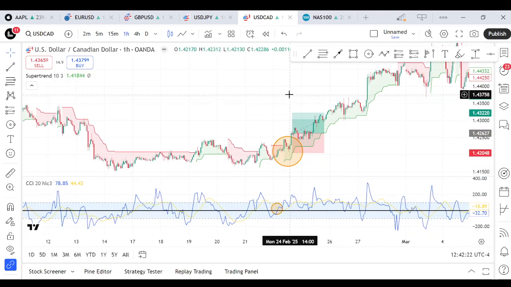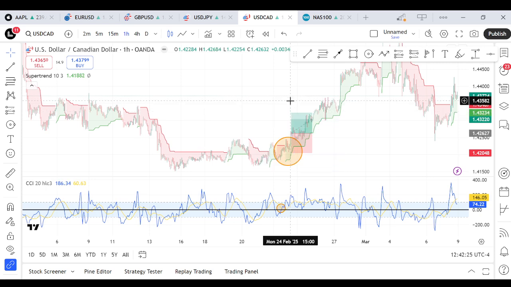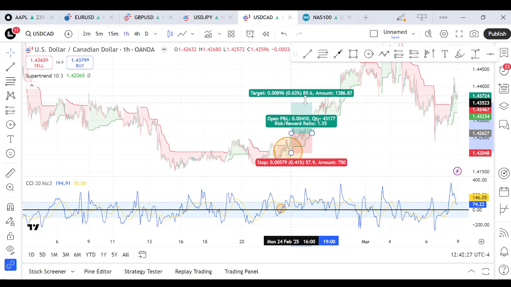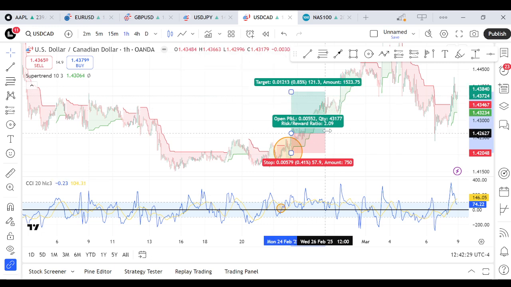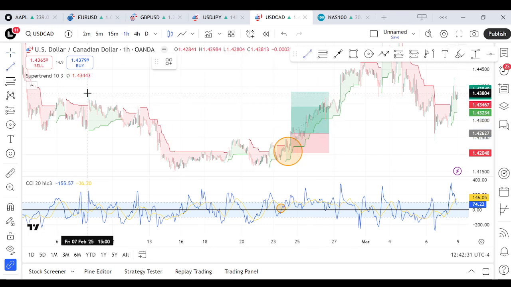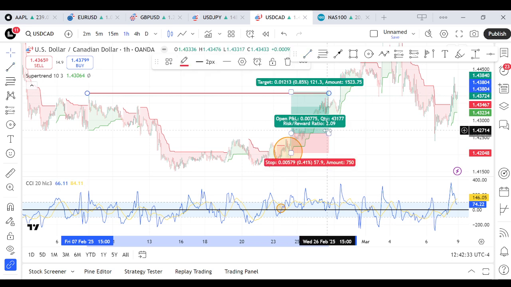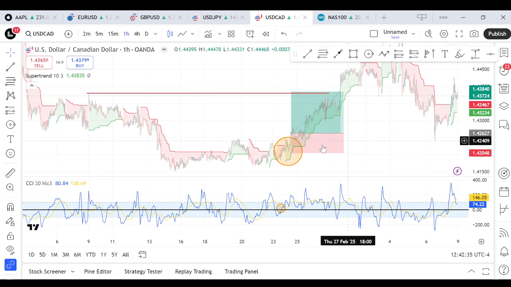Our take profits could be at a fixed risk to reward ratio of 1:2 or 1:3, or we could just set it at significant resistance levels like this one, as you can see.